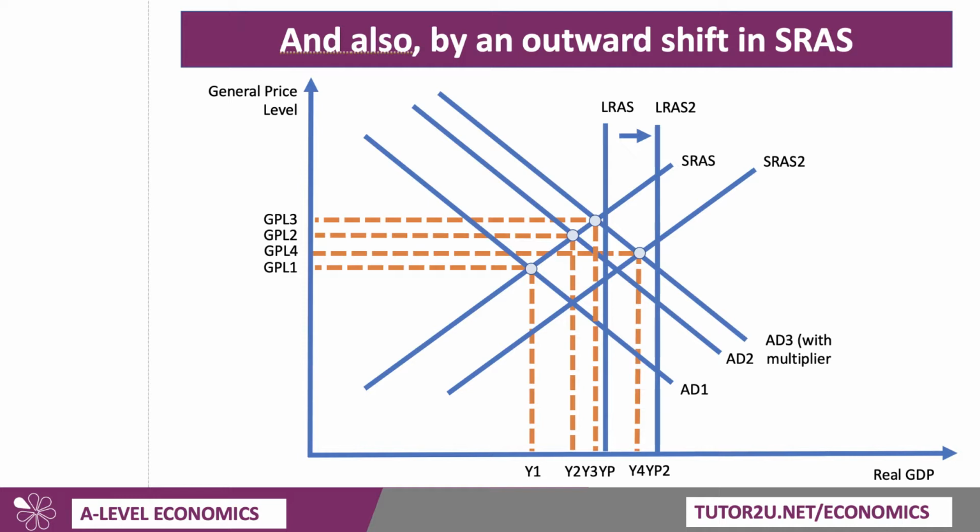Now, that's quite a complex diagram. It would make a very good jigsaw puzzle, but it does tell a story that recovery is mainly driven by demand, but also assisted or sustained by an increase in supply. And I think that's a really good evaluation point to build into your discussion.